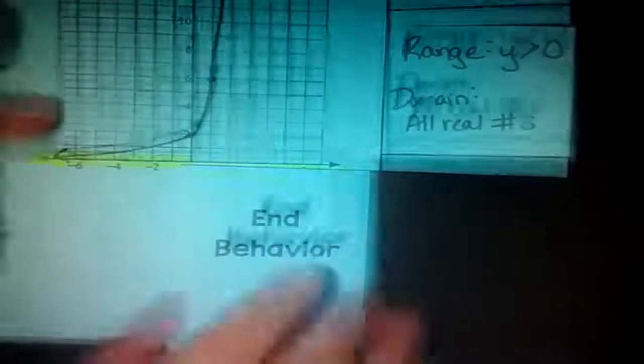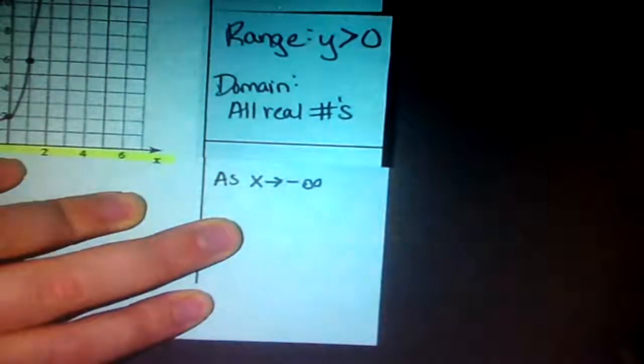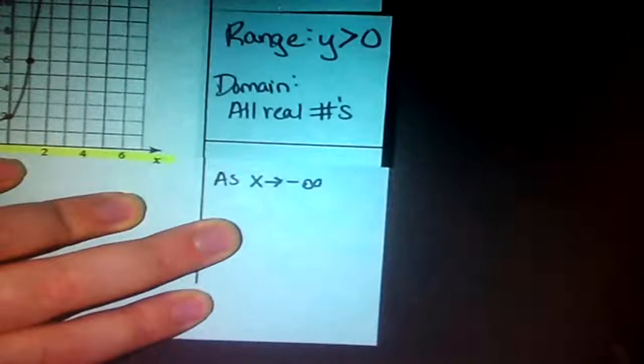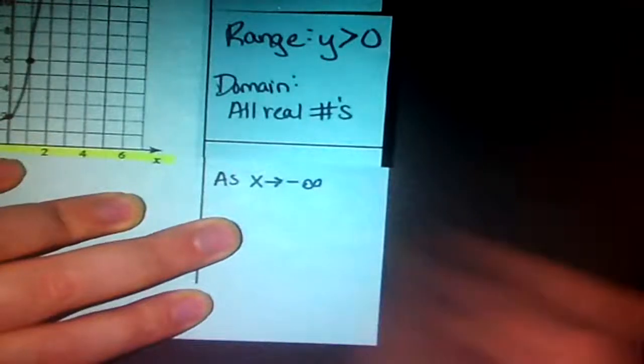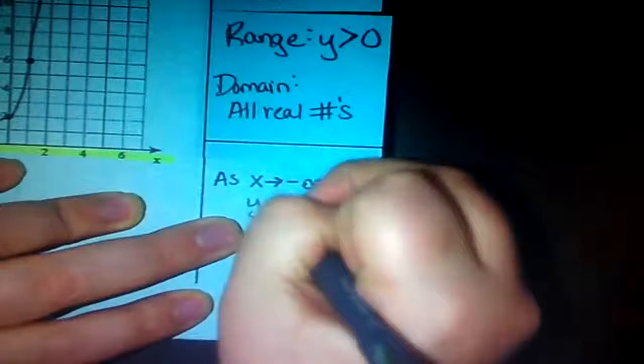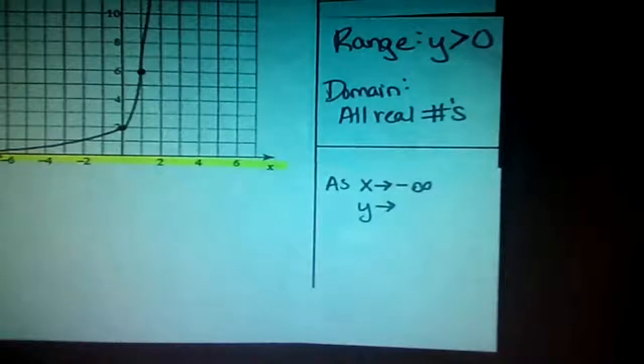So we say, as x approaches negative infinity, y is approaching what? Negative infinity? It's going way down and down, because that's what you just told me.